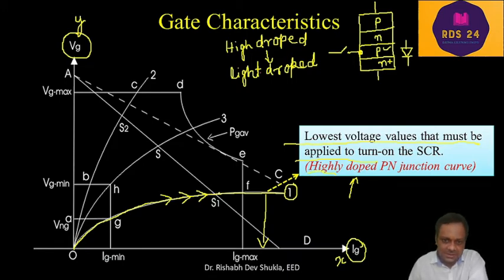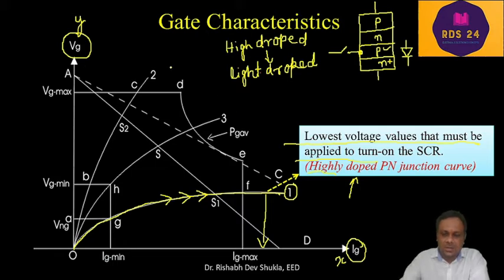If the PN junction is highly doped, a small change in voltage gives a large change in current, so this curve is towards the x-axis, the current axis.